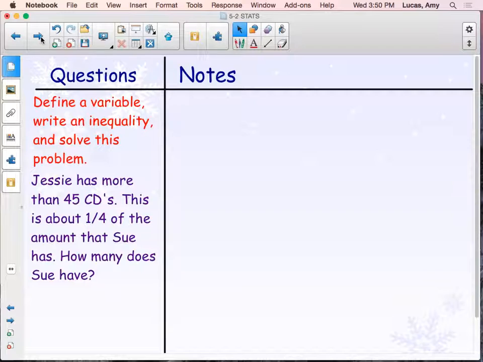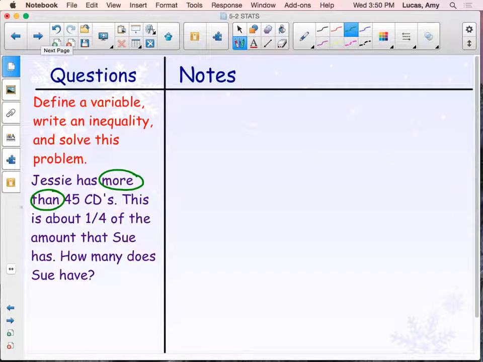Okay, one more word problem. So we need the same stuff to write our inequality again. So Jesse has more than 45 CDs. This is about 1/4 of the amount that Sue has. How many does Sue have?